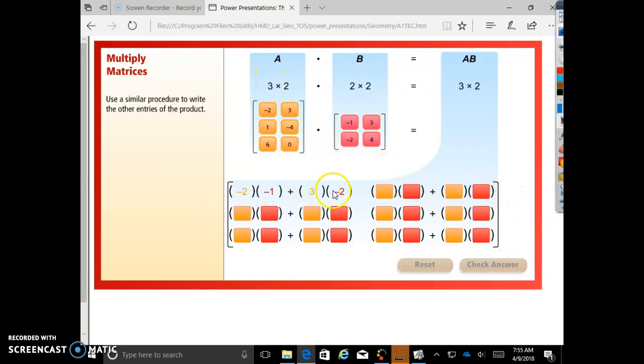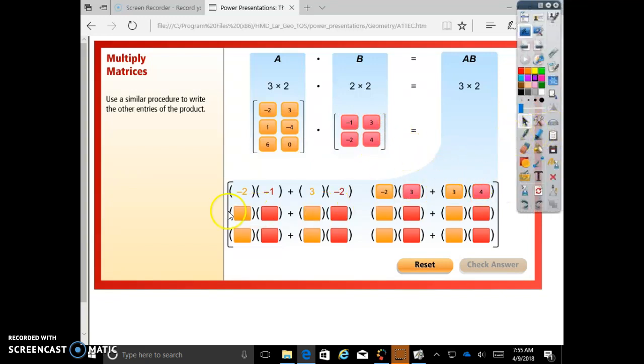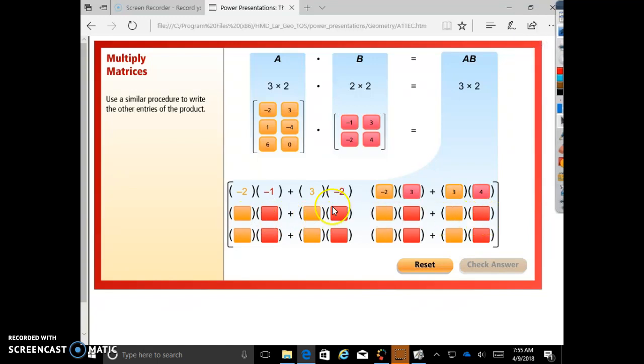So like I was saying, row 1, column 2. So right here, this is row 2, column 1. Row 2, column 2.